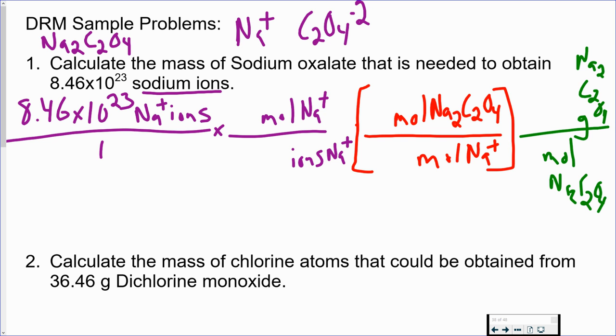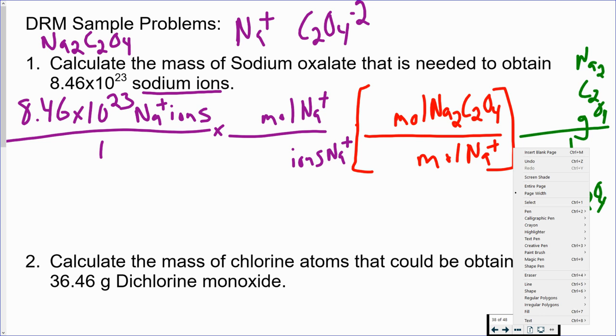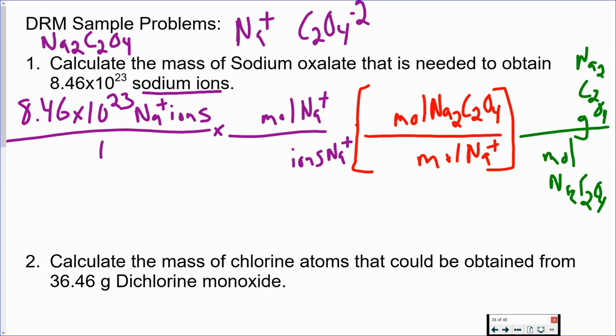So let's plug in some numbers now. The last part that I like to do is the mole ratio. So every mole that's outside of the ratio is a 1. Ions, that's going to get Avogadro's number. And grams, you're going to have to calculate that mass.